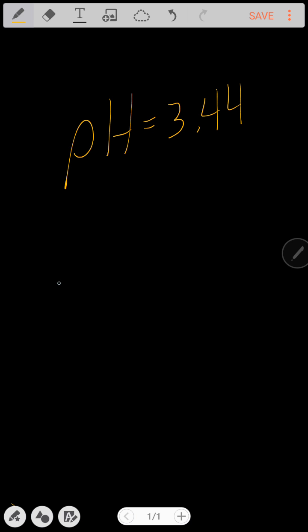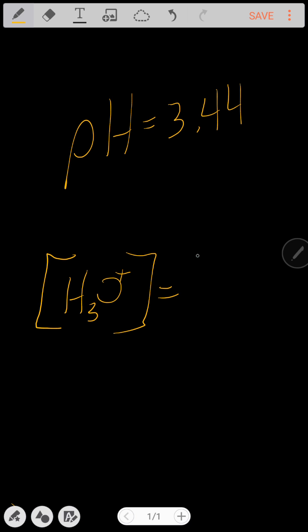How to solve for this? If I'm given the pH and I want to find out the concentration of hydronium, I have to now use this equation where I set 10 to the negative pH value. And that will give me the hydronium ion concentration.